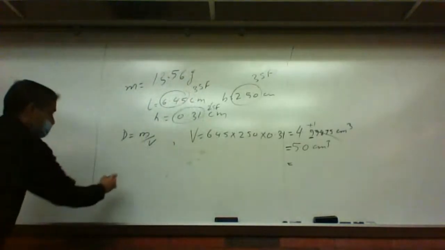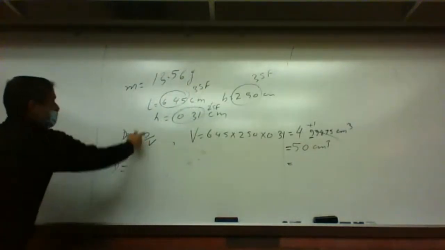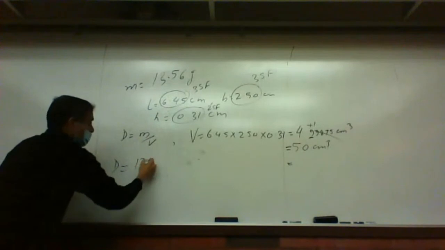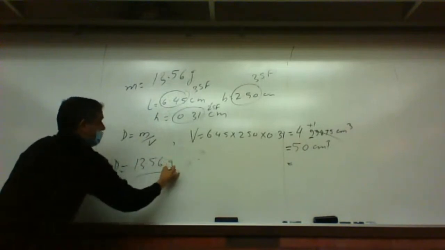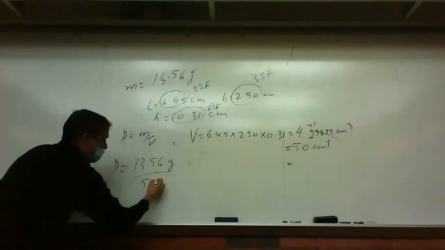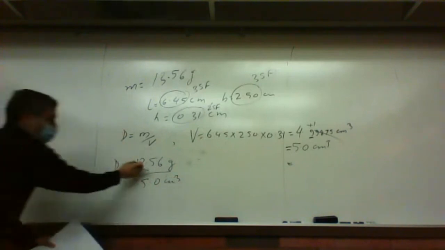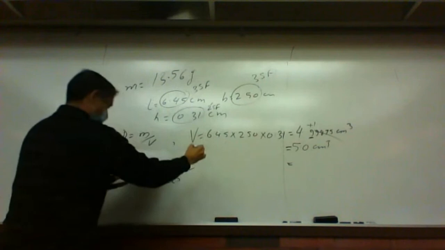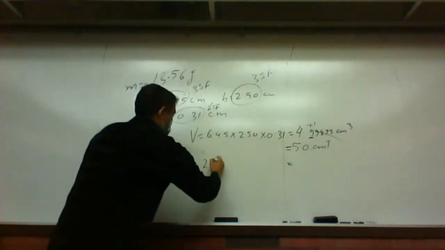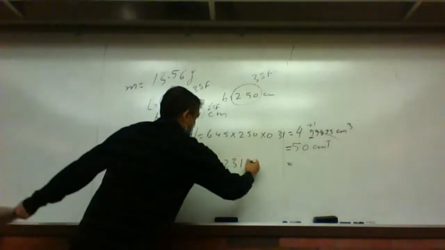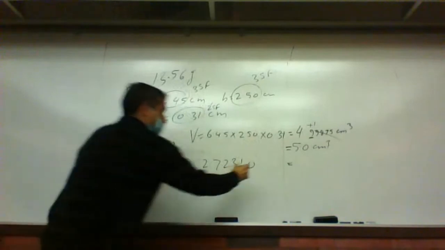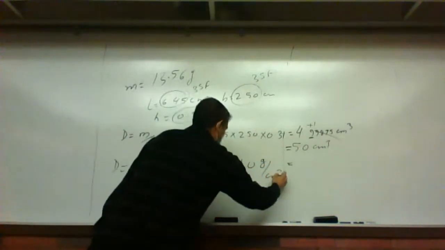Now my job is to find the density. Density equals mass divided by volume. I have a mass of 13.56 gram and a volume of 5.0 cm3. If you divide these numbers in the calculator, you will get 2.72310 gram per cm3.